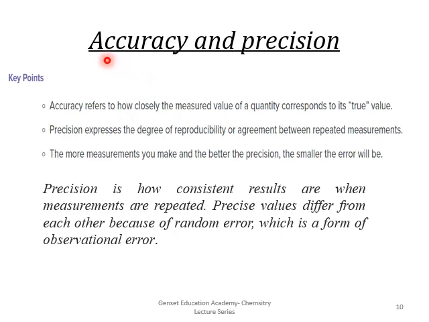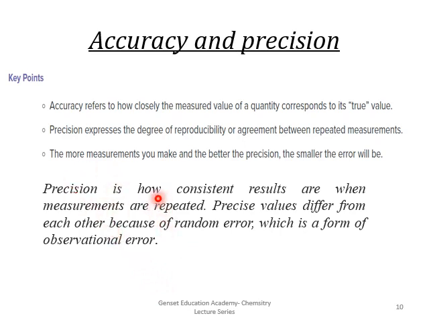The first thing we'll learn is accuracy and precision. What are the key points we should take? When you're taking a measurement and we say that you're accurate, it refers to how closely the measured value of a quantity corresponds to its true value. Then precision expresses the degree of reproducibility or agreement between repeated measurements.